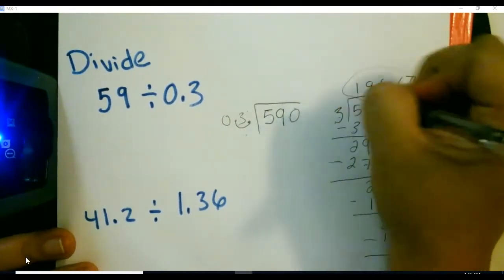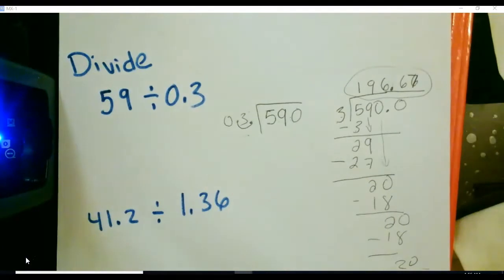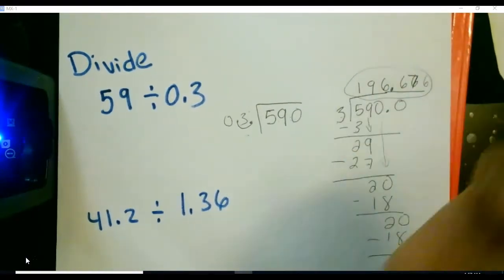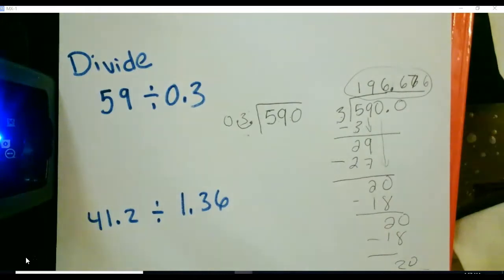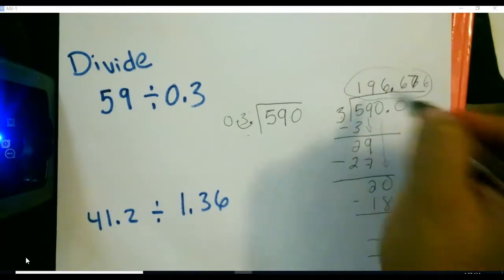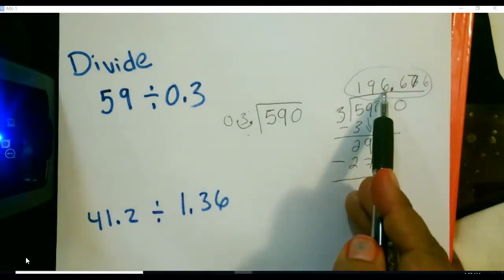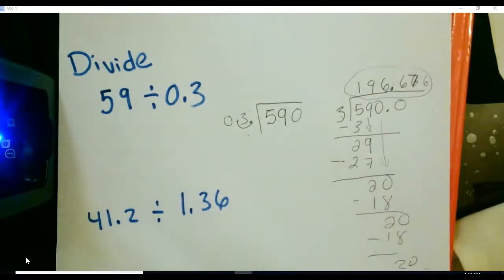So this is going to be my answer, 196.67, just because I'm going to round it. I go up 1. So on this example, my answer is 196.67, or you could say 196.7 if you're rounding to the nearest tenth rather than the nearest hundredth.